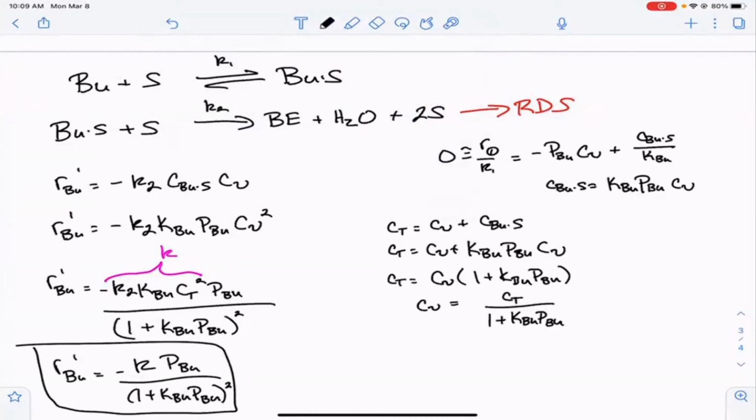So one of the things that you can see in this example, or hopefully that you see, is that oftentimes developing a reaction mechanism is an iterative process, even for people who've done this several times.